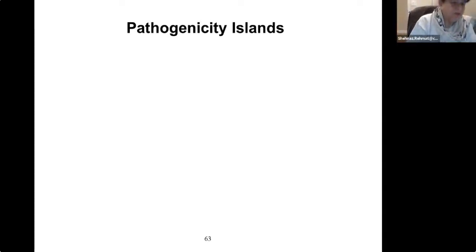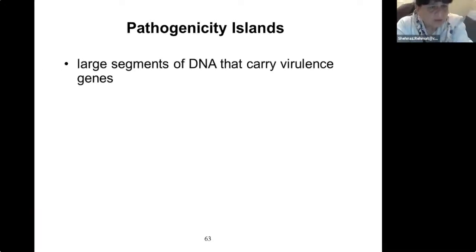So we talk a little bit about pathogenicity islands. These pathogenicity islands, if you understand, are not some island that you visit in your summer vacation or so, but these are large segments of DNA that carry virulence genes. So bacteria are assembling those genes that help in the pathogenicity of this bacterium into a large segment of the DNA itself.